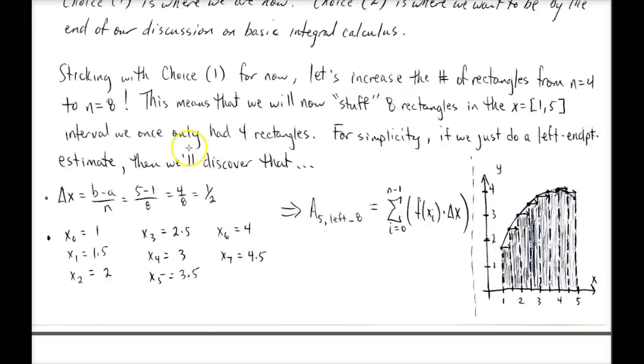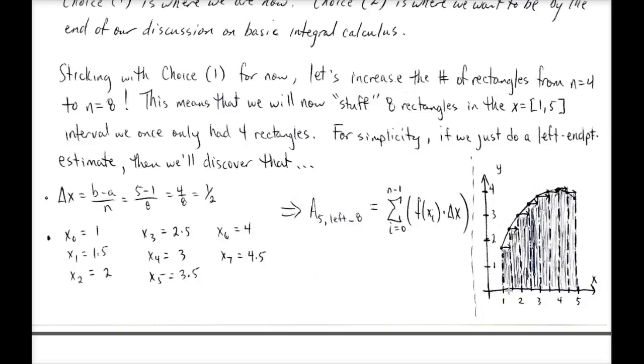Okay, so let's go here. We want to stick with our choice 1 for now. And if we're going to do that, let's increase the number of rectangles from n equals 4 to n equals 8. And this means that we will now fit 8 rectangles within the same space where we fit 4 previously. And you see here with the 8 rectangles, of course the rectangles are much more skinny, so the width is about half the size of what they were.